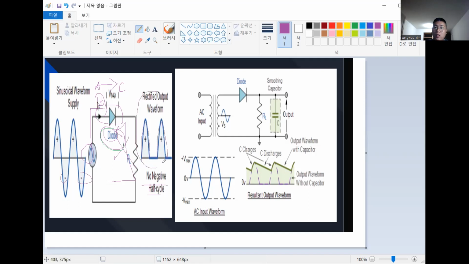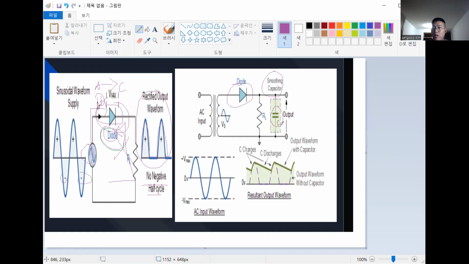As you can see, this is the result when you input one diode. But if we use a capacitor as a smoothing capacitor, since it's just one diode, it's going to be like this.